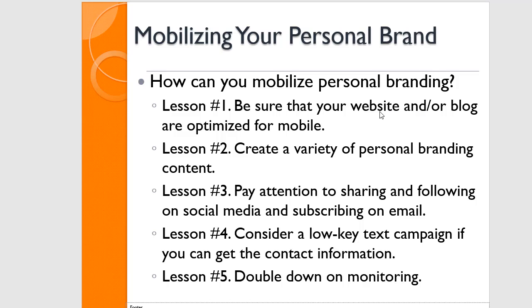be sure that your website that you're going to be putting information out about yourself is optimized for being on a mobile device. Also, if you're doing a blog, make sure that's also optimized for being on a mobile device. Think about what kind of content you want to create to put out there.